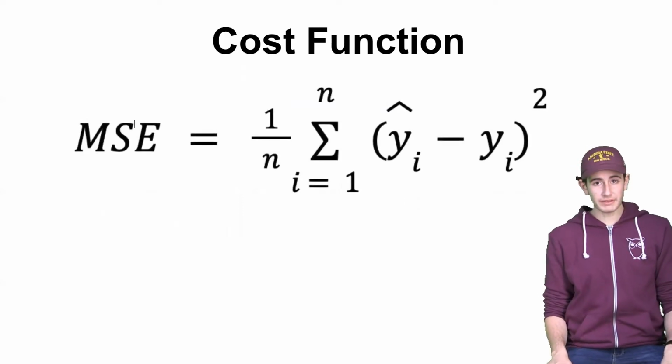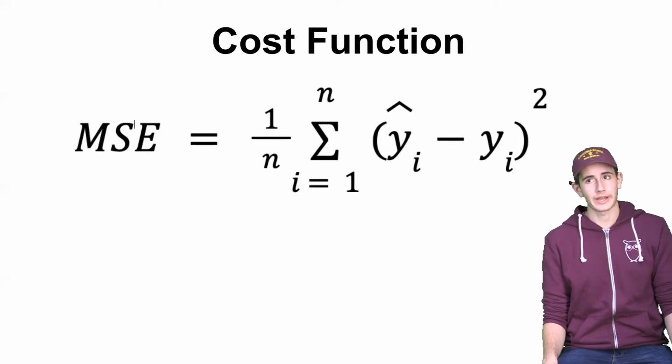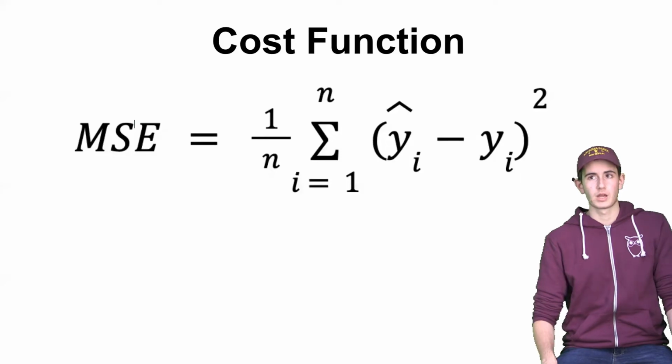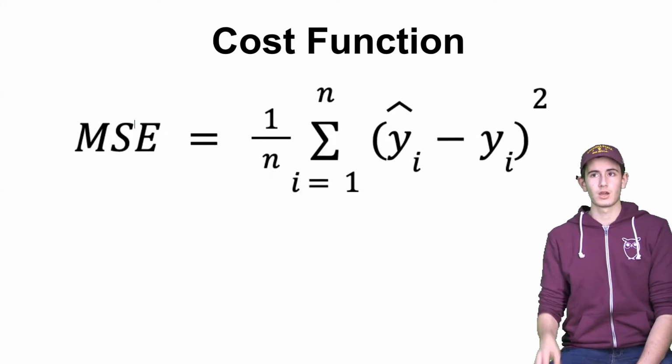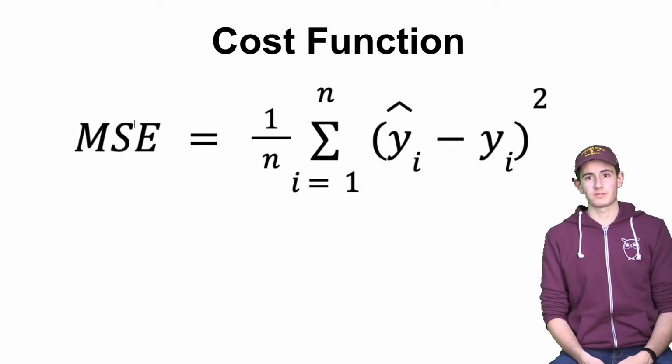So in this specific problem, we'll be using a cost function called mean squared error. Okay, let's break this down. What do each of these individual letters mean? Well, 1 over n. N denotes the number of samples.